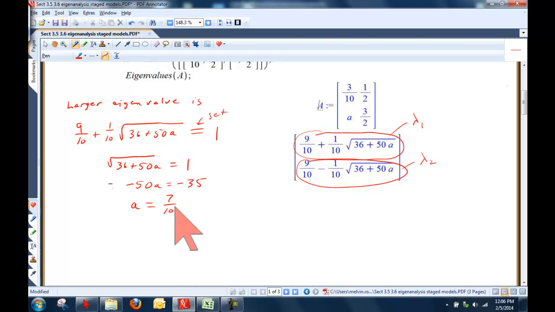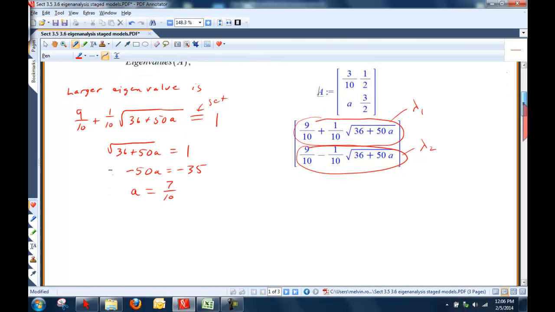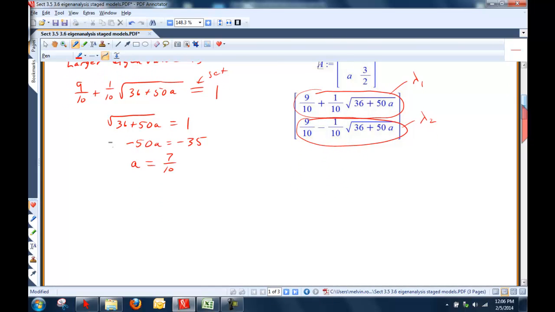7/10 or 0.7. And I think we actually saw this in an earlier simulation with Excel, very near the beginning of the course, before we got into the theory of this, that a equals 0.7 is an important number here. It's the value of a that makes the largest eigenvalue equal to 1.